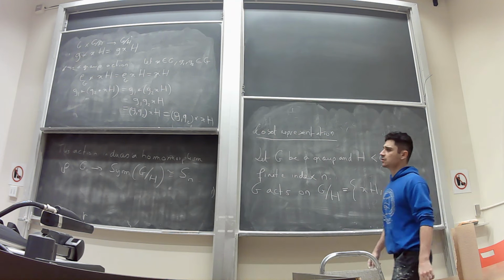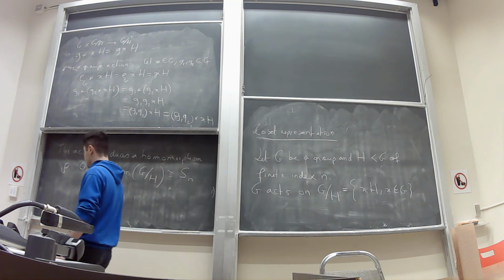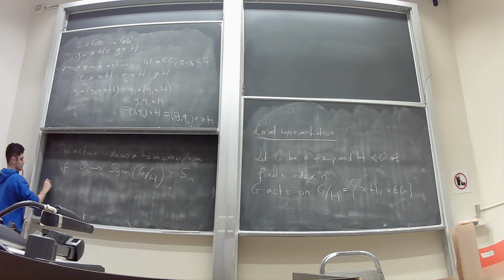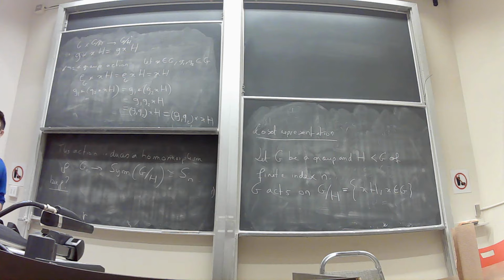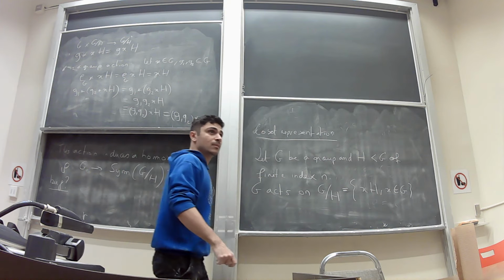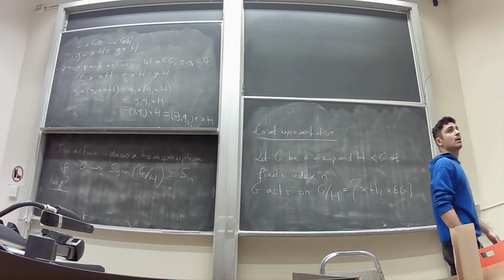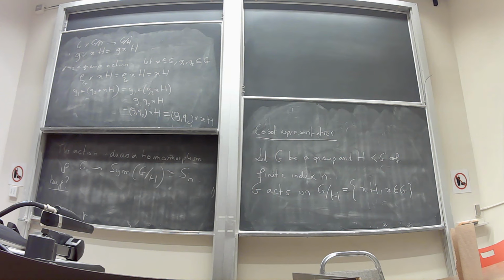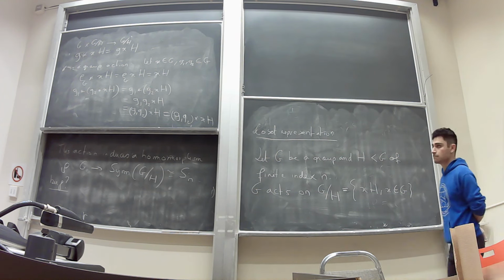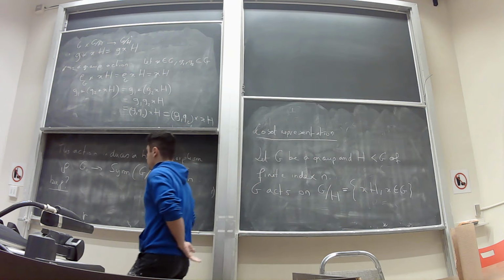Okay, now what is the kernel of rho? The kernel of rho is the intersection of all the stabilizers. How do I find the stabilizers? Let's just look at this.